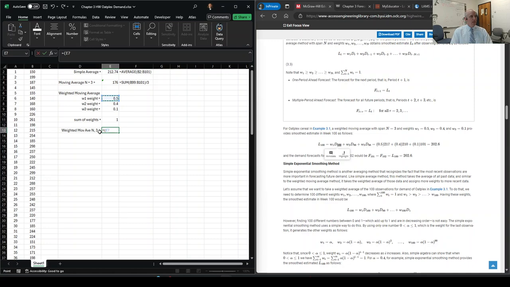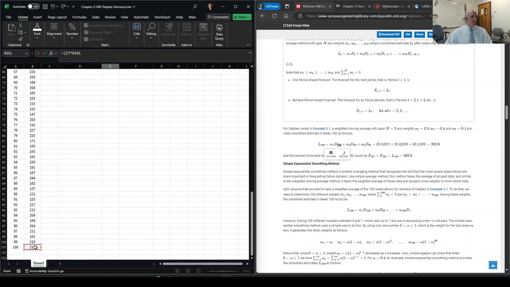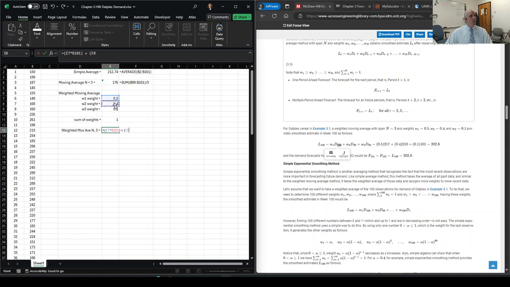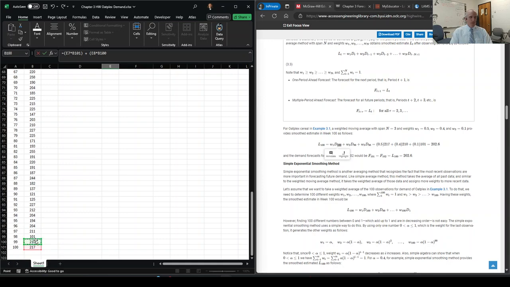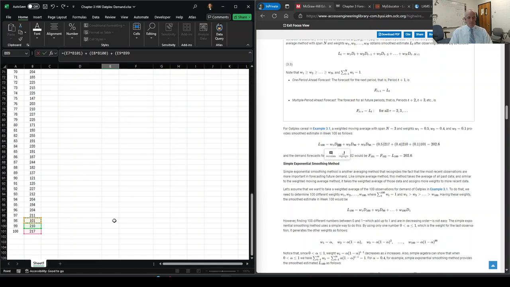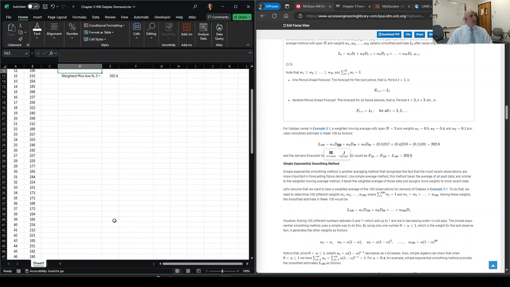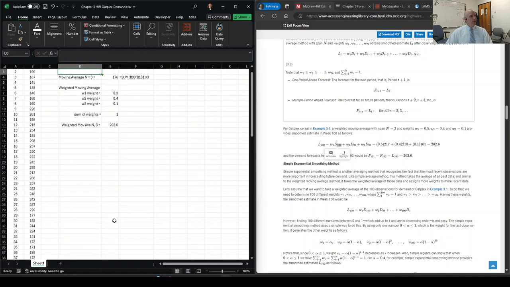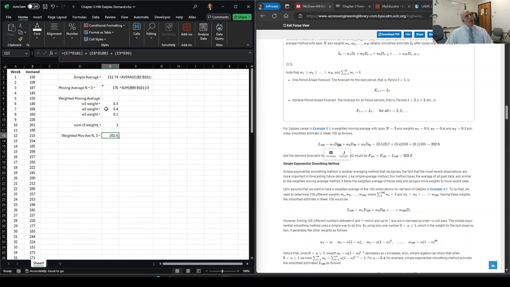We're going to take the 0.5 times demand for week 100, plus the 0.4 times week 99, close parentheses, plus the 0.1 times the week 101. And this is the 3 most recent weeks, but we're weighting them differently.